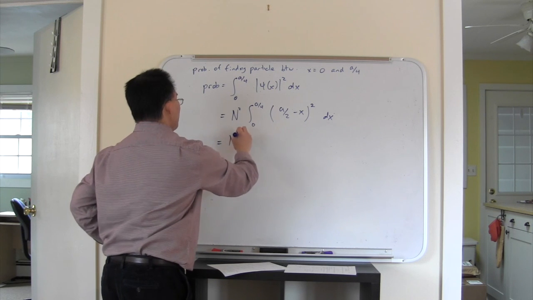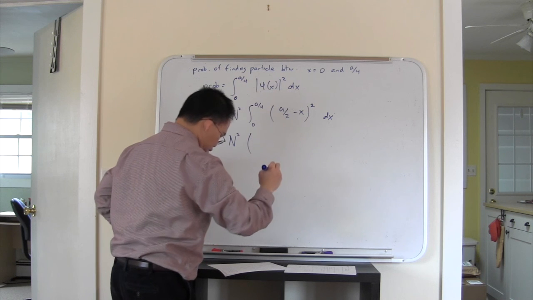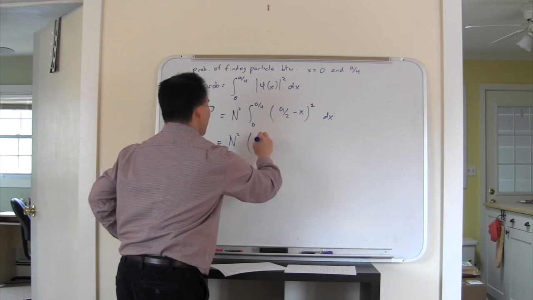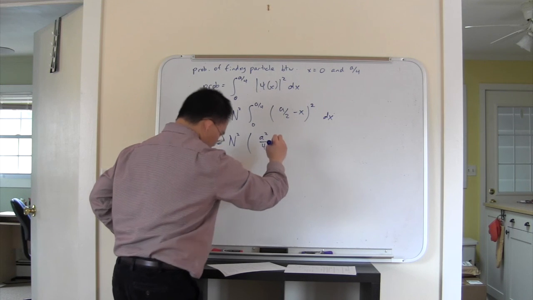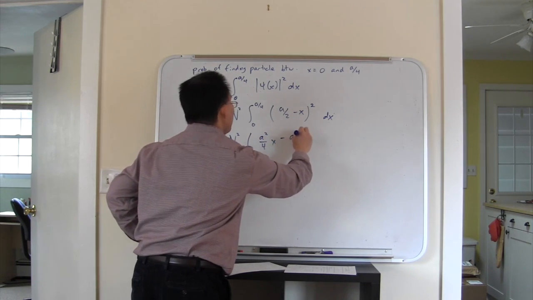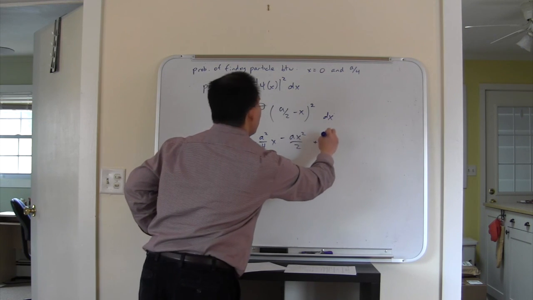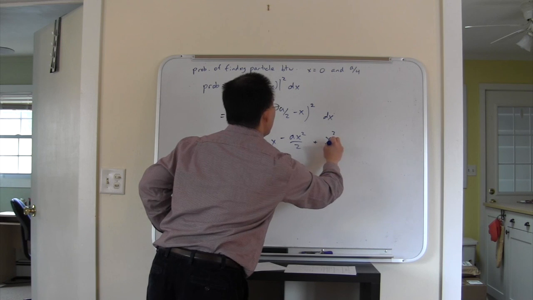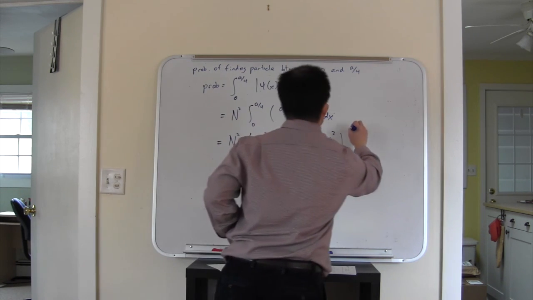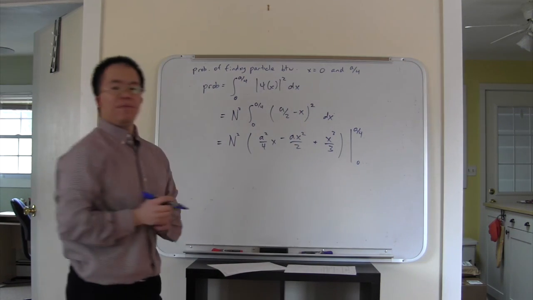So that leaves us with n squared, and I'll just copy the result down. We have a squared over 4 x minus a x squared over 2 plus x cubed over 3, evaluated between a over 4 and 0.